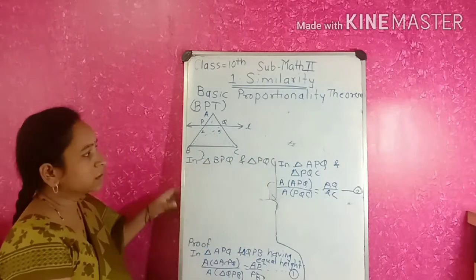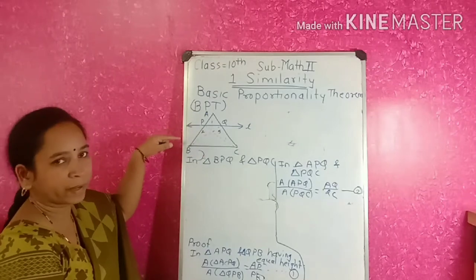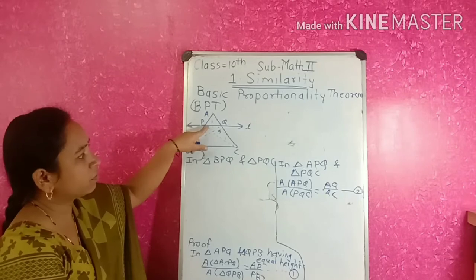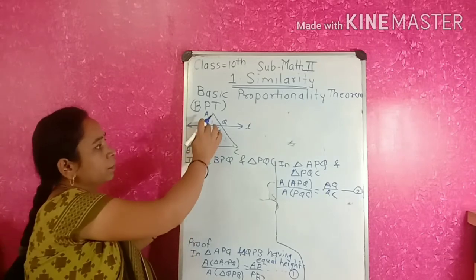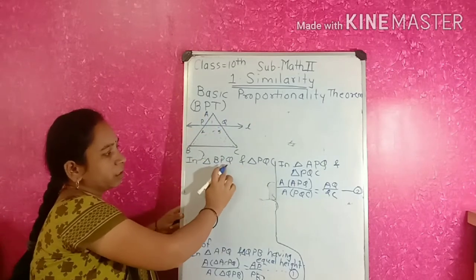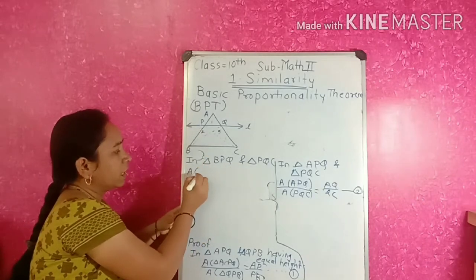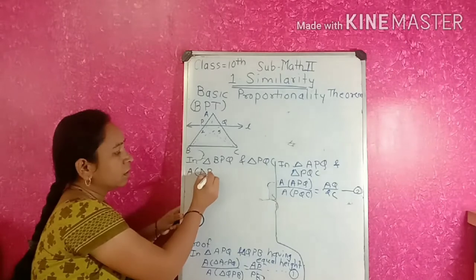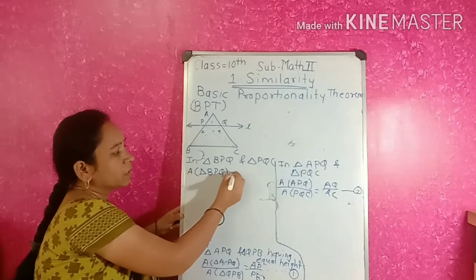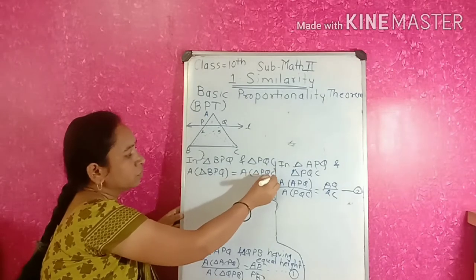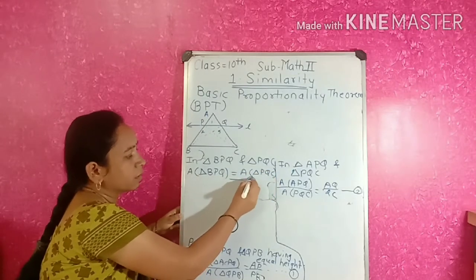These two triangles lie between two parallel sides. That means their height is the same and they have the common base PQ. Just check it: PQ, PQ. PQ is a common base. So therefore, the area of triangle BPQ is equal to the area of triangle PQC. So this is the third statement.